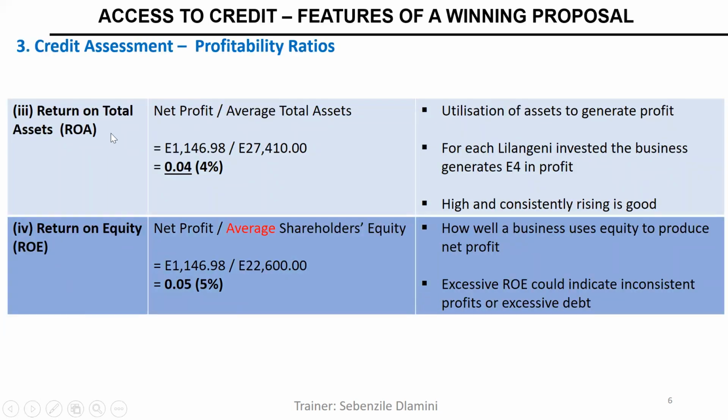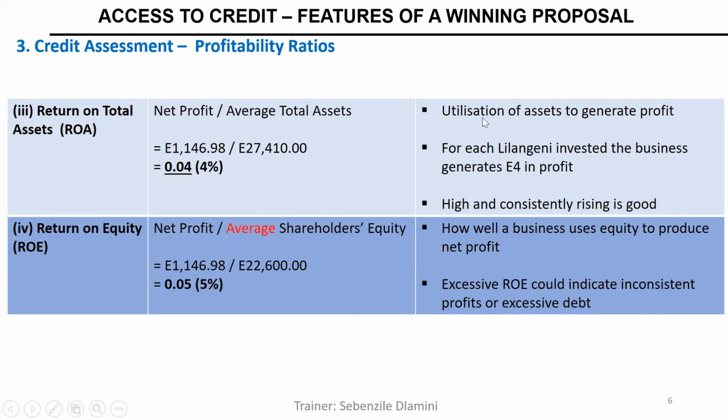The third profitability ratio is return on total assets. To get this, you divide the net profit by average total assets. You get the average total assets from the balance sheet. In this case, the ratio is 0.04 or 4%.